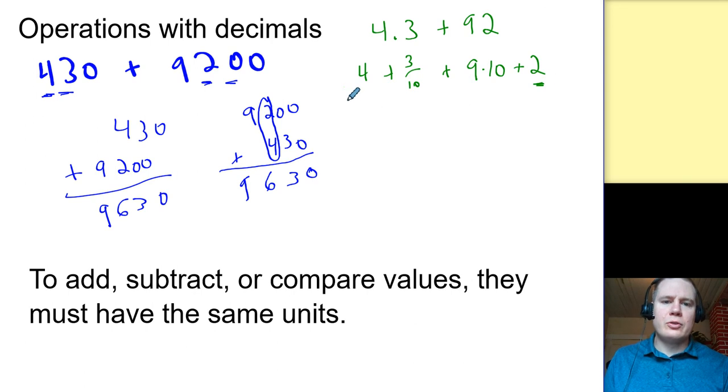So 2 ones plus 4 ones, that gives me 6 ones. 9 tens, I don't have any tens over here, so that's just 9 tens. 3 tenths, I don't have any tenths over here, so that's just 3 tenths. So we could write it as 3 tenths if we're using formal expanded form here. Okay. So 90 plus 6, that's 96, and 3 tenths.